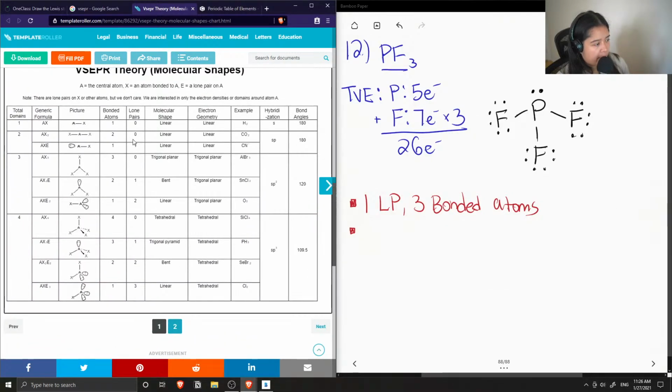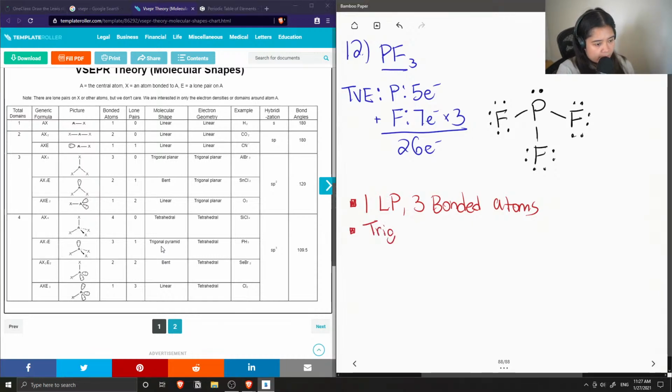When we have 1 lone pair and 3 bonded atoms, we have a trigonal pyramid molecular shape. And this also tells us that we have a tetrahedral electron geometry.